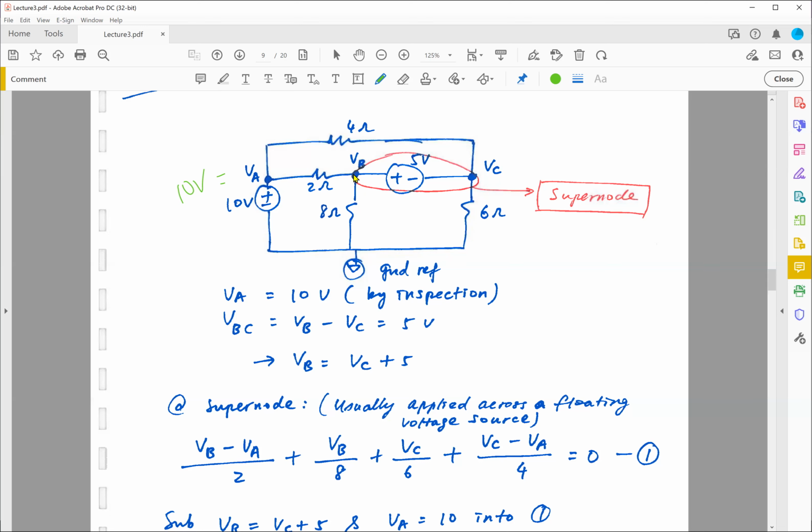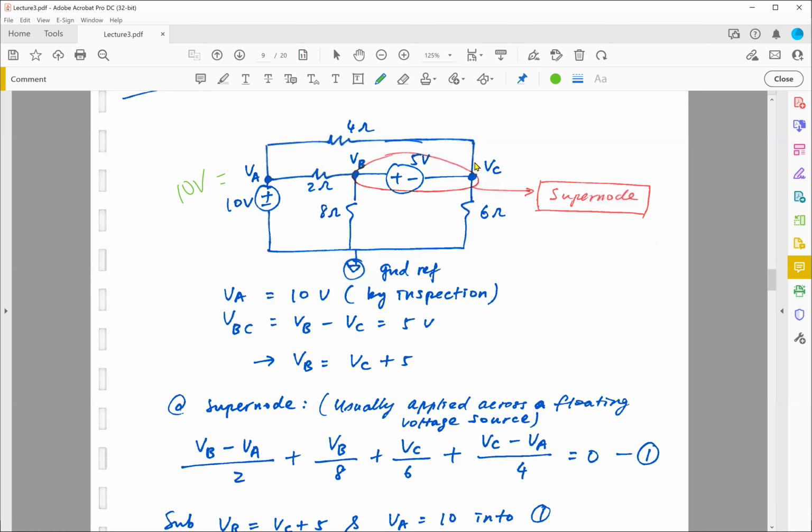So VB minus VA divided by 2, which is the current going to the left, plus VB minus 0 divided by 8, which is the current flowing down, plus, right? So we are done over here, right? Because as far as this node is concerned, we only have 2 branches that we need to deal with, this and this, right? And that accounts for this term and this term.